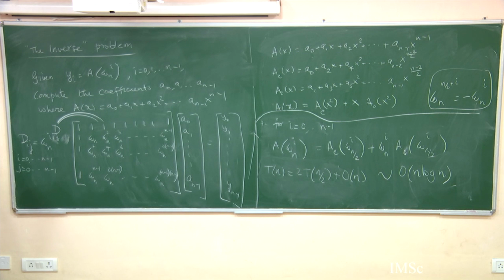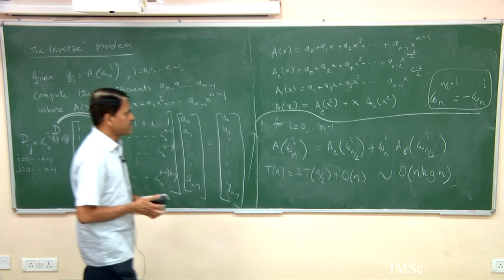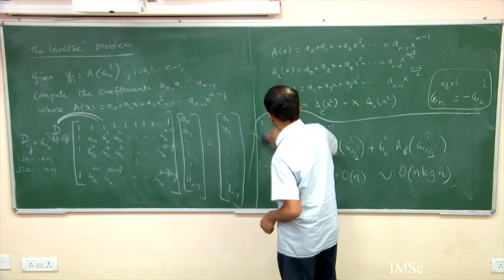Now I am just going to claim the ijth entry of the inverse matrix, and then we will prove that this product is actually the identity.